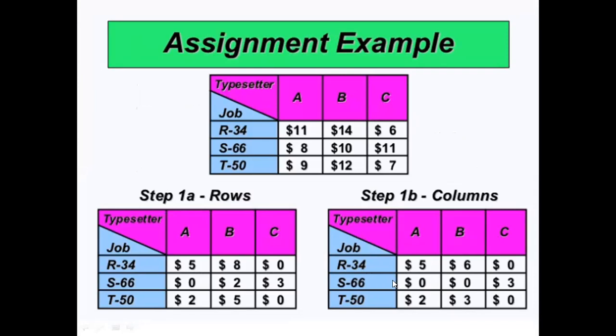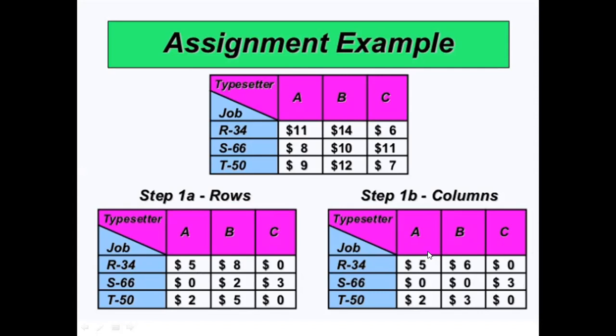We can make another line, and then a third line from 2 to 0, so we can make 3 lines. But is it the minimum number of lines to cover all the zeros?